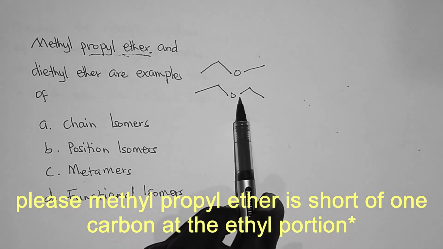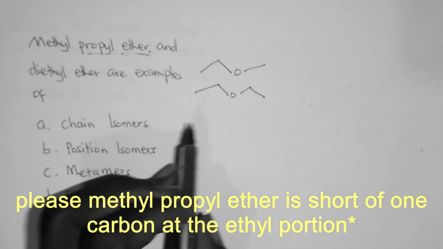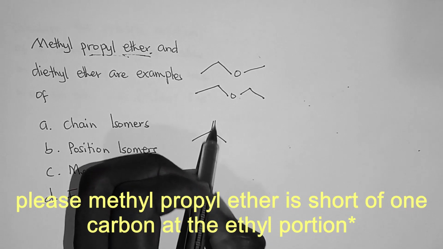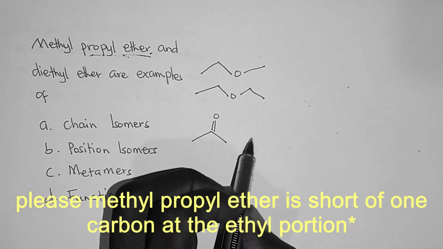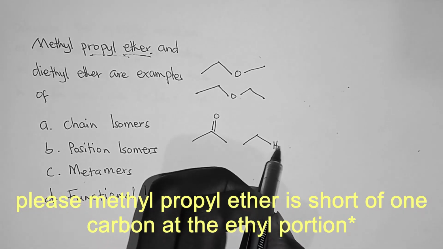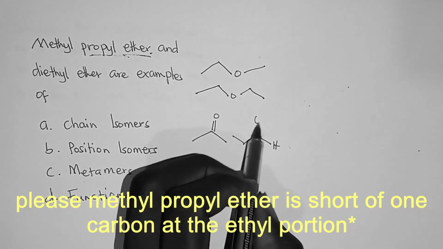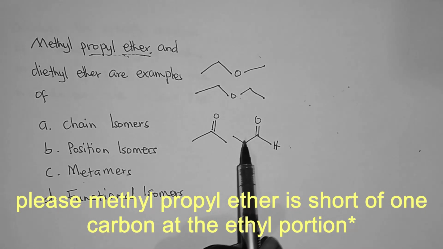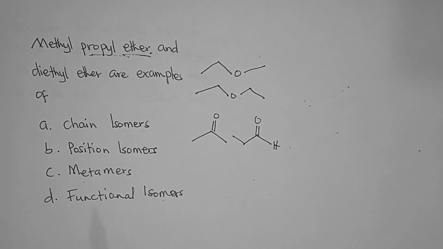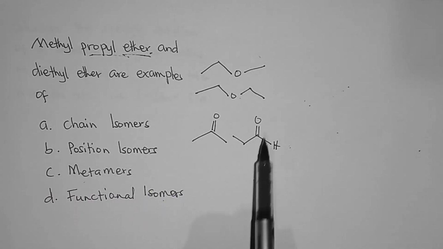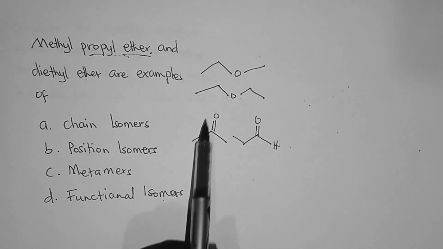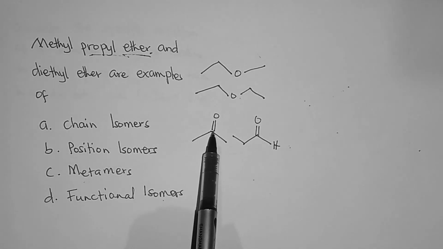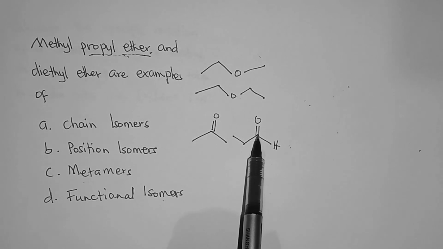For example, if you have a propanone and then you have a propanal, these two are functional isomers, because the position of the oxygen here is on carbon number 2, and the position of the oxygen here is on carbon number 1.